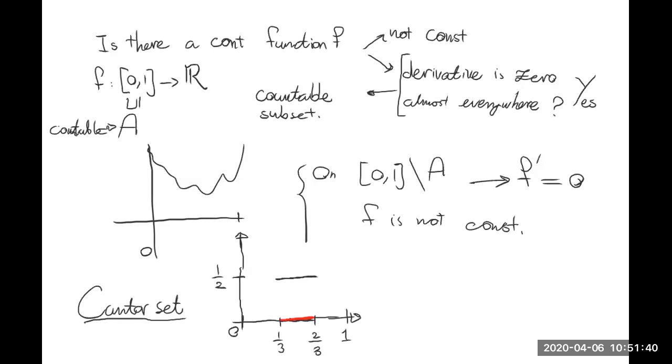Look at the interval from 0 to 1 over 3. Break it into 3 parts. Do the same thing with the interval from 2 over 3 to 1. This middle interval starts from 1 over 9 to 2 over 9.